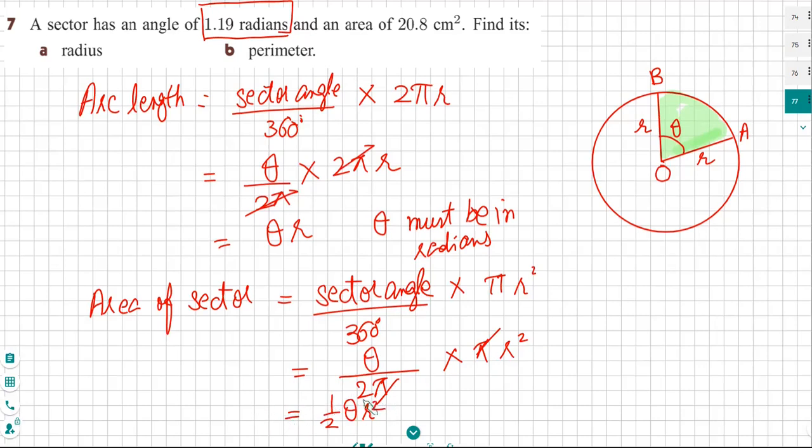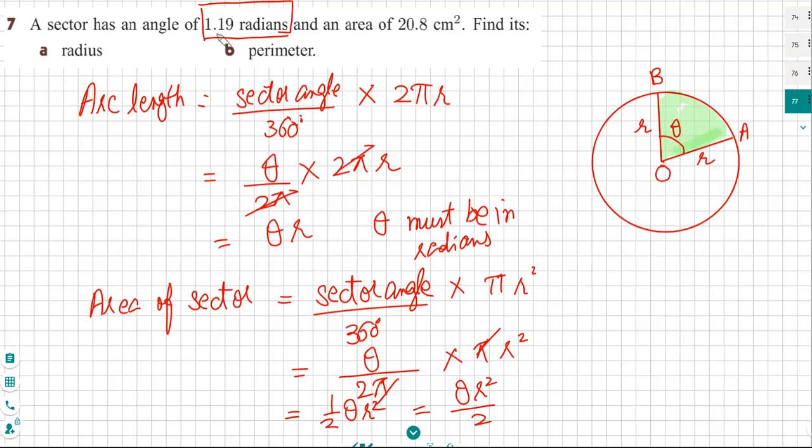The 1 over 2 comes from the 2 in the denominator. Or you can write it as theta r square over 2. Same thing. So this is the area of the sector formula if you are working in radians.